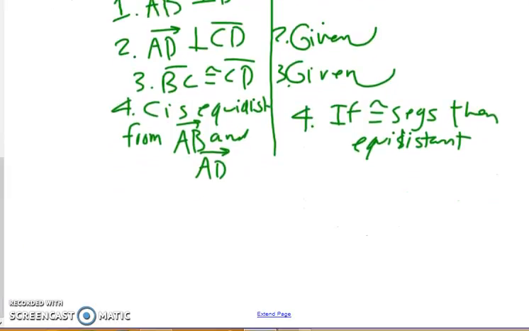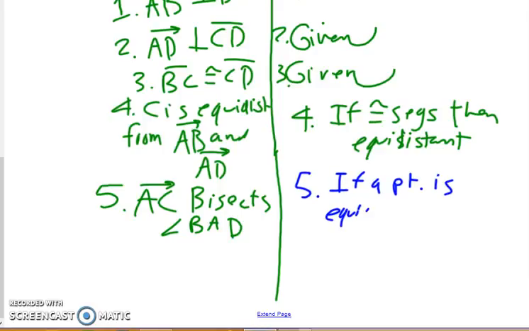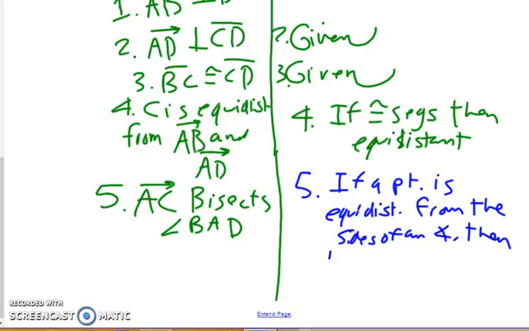So since we know C is equidistant from those two rays, we can use our new theorem to say that AC bisects angle BAD. And the reason here is this new one, and it's if a point is equidistant from the sides of an angle, then it lies on the angle bisector of that angle.